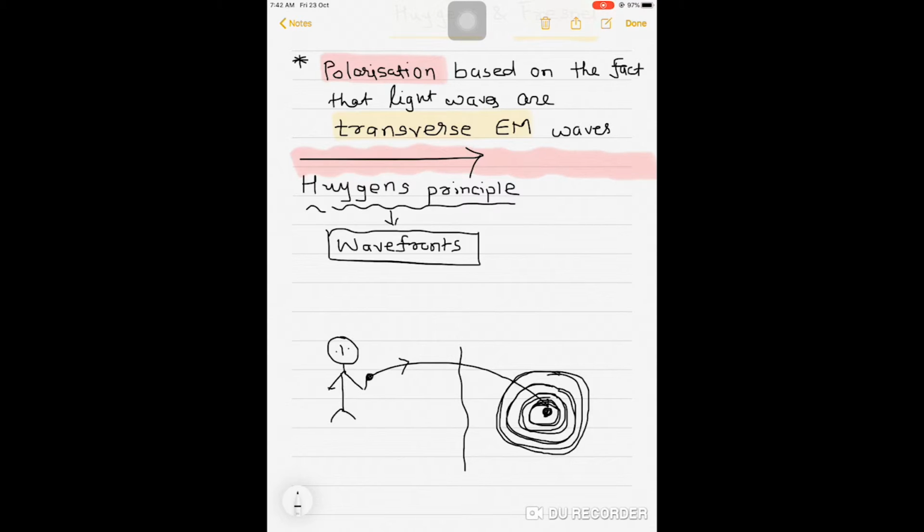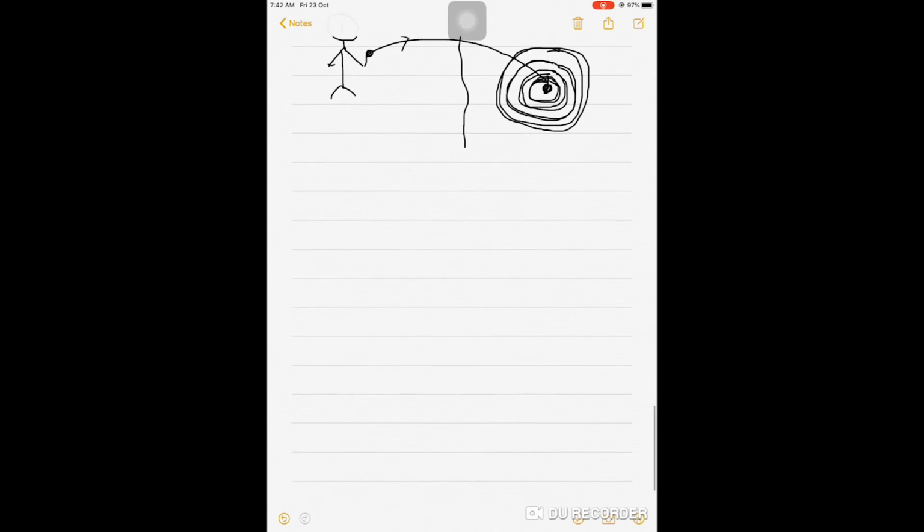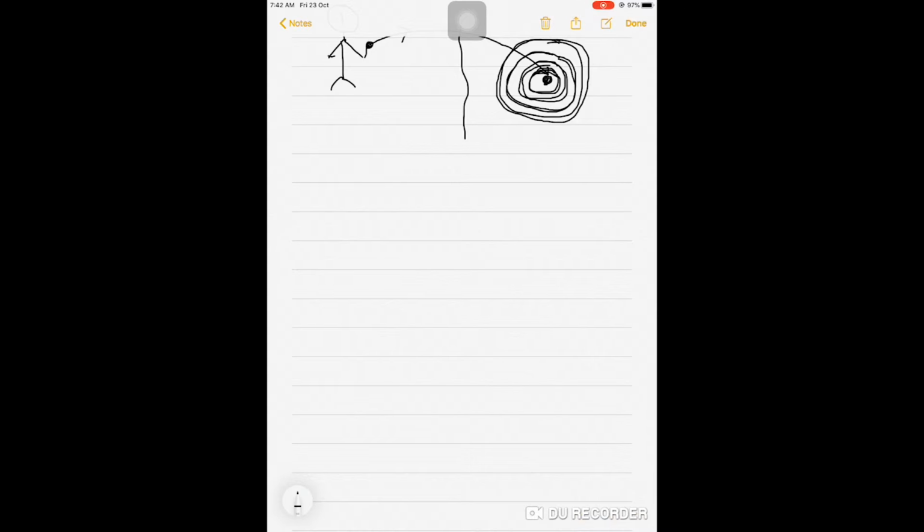That is the combination. So here we have understood the phenomenon in a little more detailed manner. Suppose we have thrown one stone over here. This stone has impacted here and produced some crest initially.